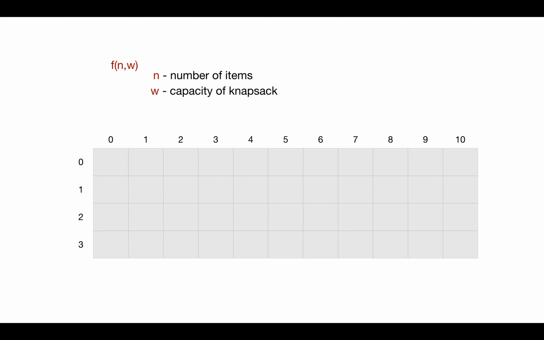And as you know, there are two parameters, n, which is the number of items, and w, which is the capacity of the knapsack, which are changing at every iteration. So we need to take a 2D array to store the result of every recursive call. Like here, we have n equals 3 and w equals 10. To keep all results stored, we take a 2D array of n plus 1 multiplied by w plus 1 dimension, and we initialize it with minus 1.